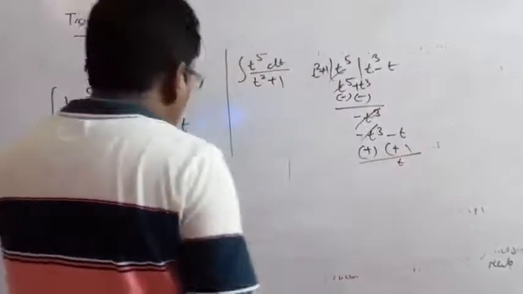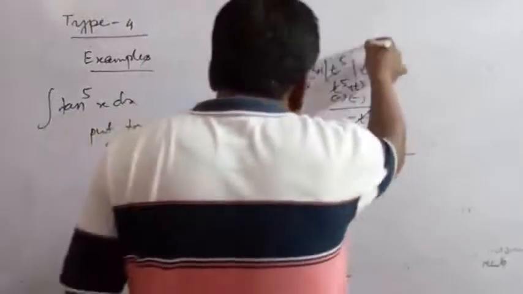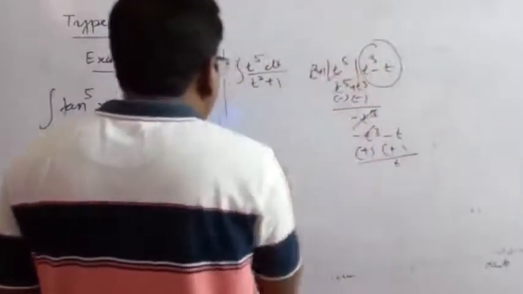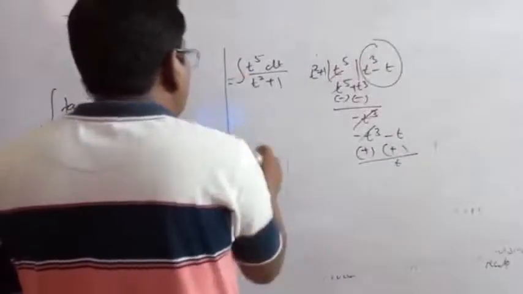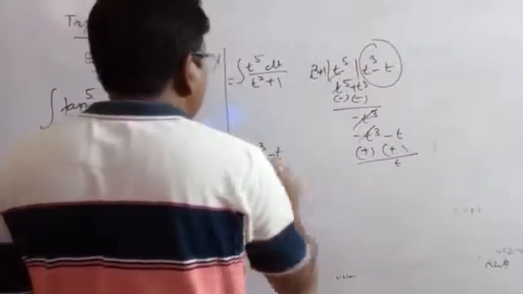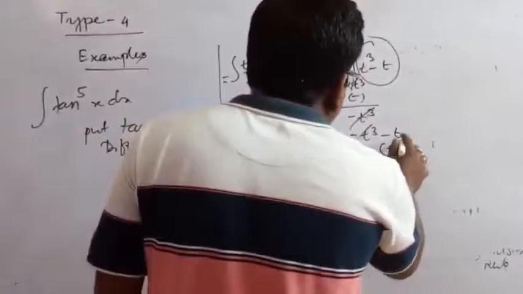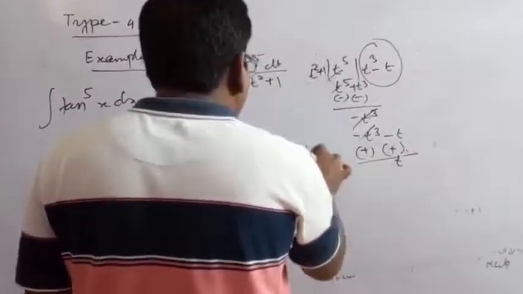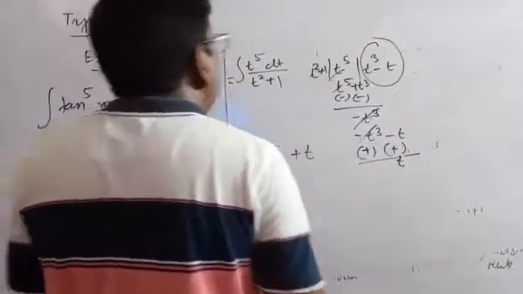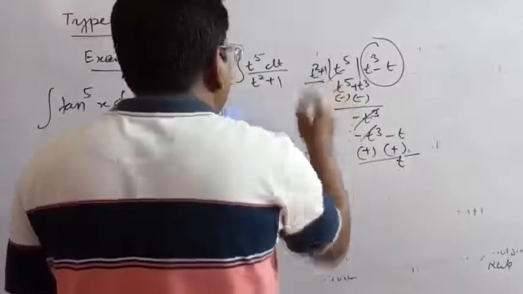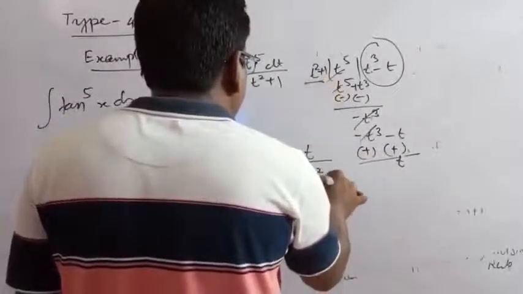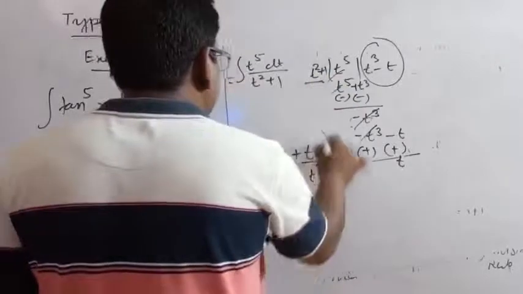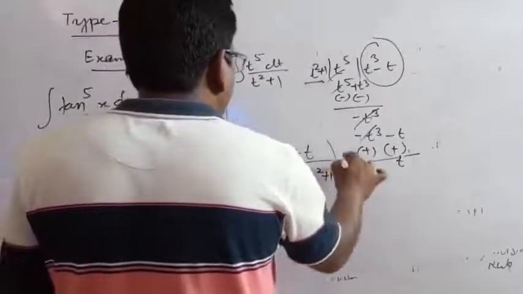So the quotient is t cube minus t, and the remainder is t, divided by the divisor t square plus 1, integration dt.